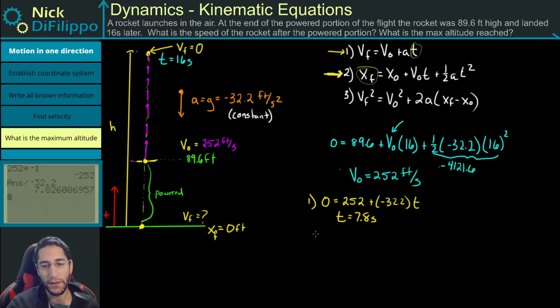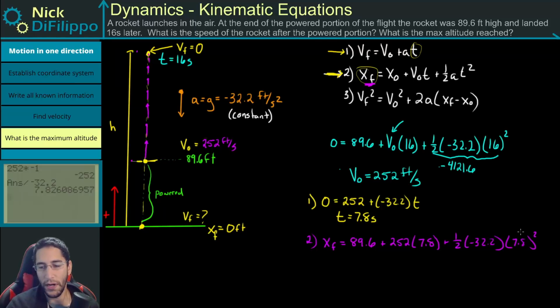Okay, now by using equation 2, we're figuring out what this final height is. So our final position is equal to our initial position, which is 89.6, plus our initial velocity, which is 252, times time, which is 7.8, plus 1/2 times minus 32.2 times 7.8 squared.